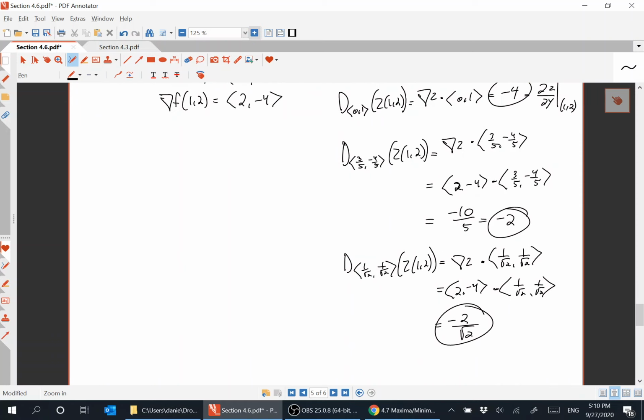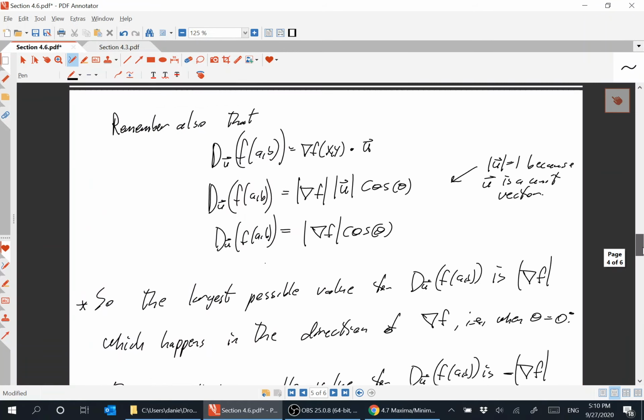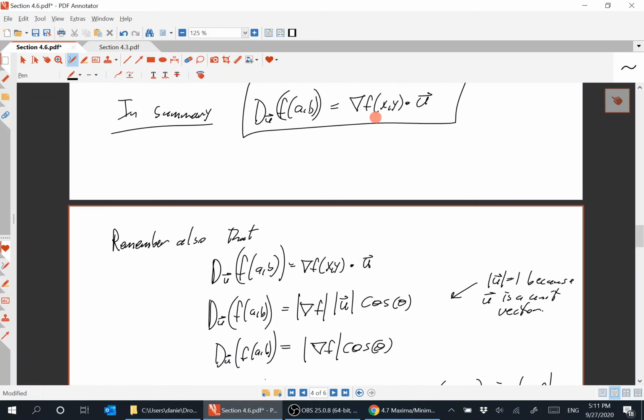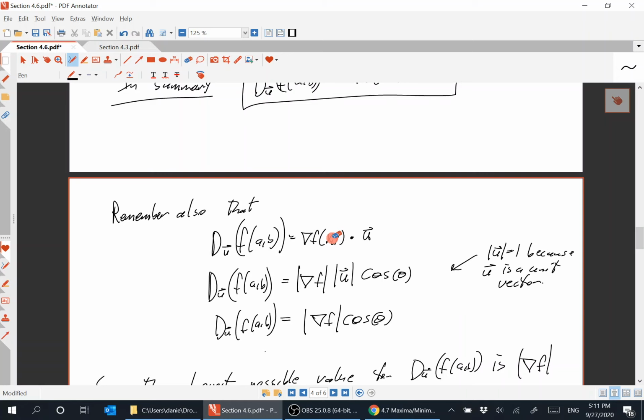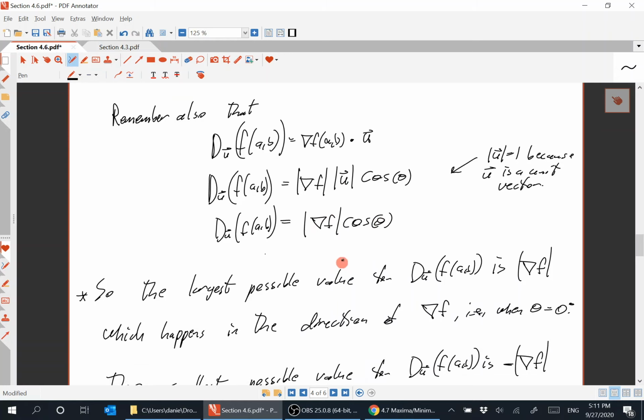So remember how we just showed up above. The directional derivative, another way to calculate it, aside from just the dot product, gradient dot u, is also just the length of the gradient times cosine theta, because the length of u is just 1.